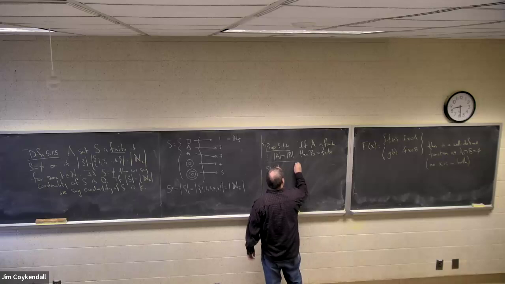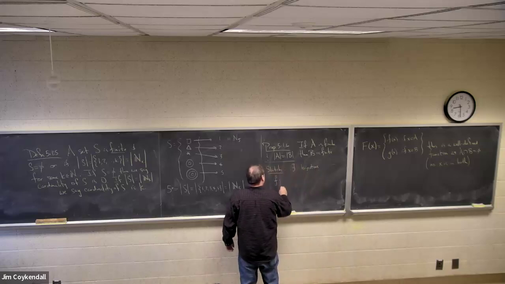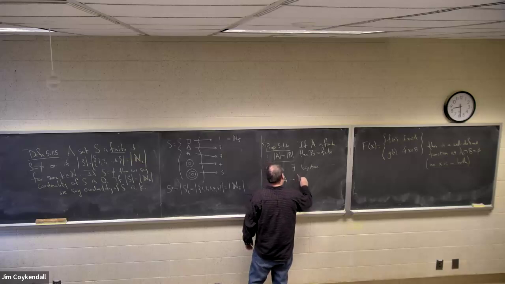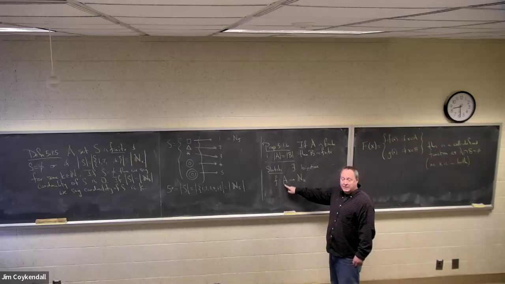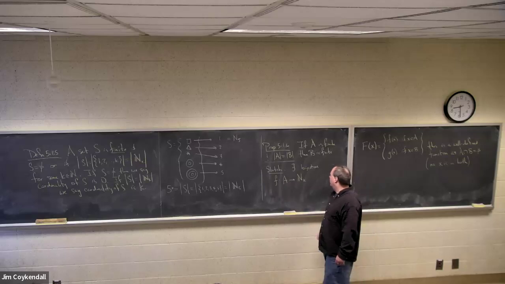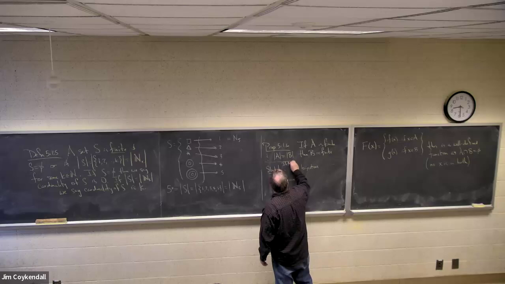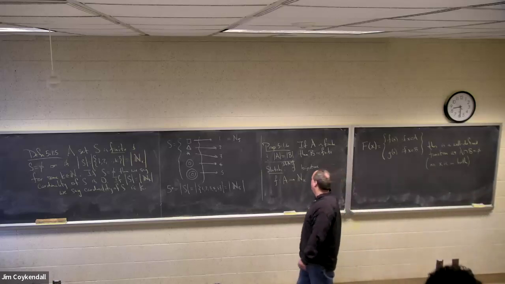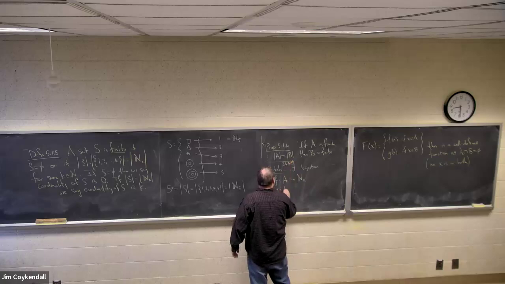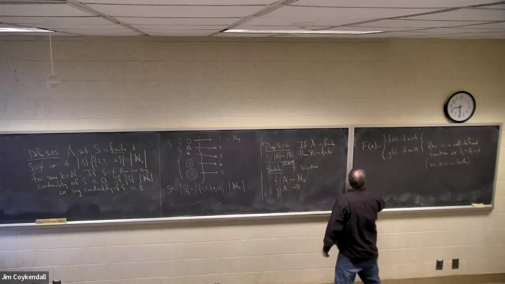There's a bijection. Let's see. If A is not empty, and there's a bijection F from A to N_k, and a bijection G from B to A. Everybody agree with that?